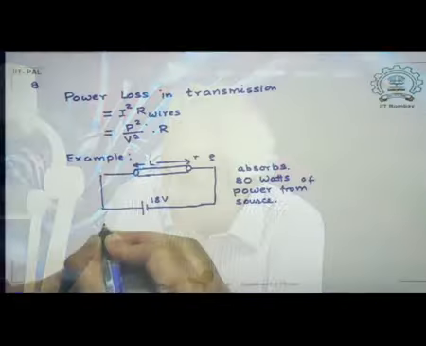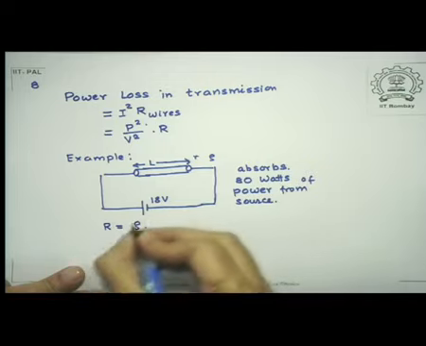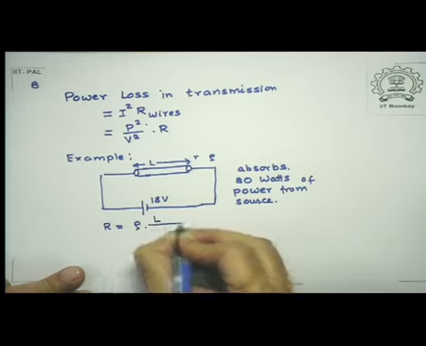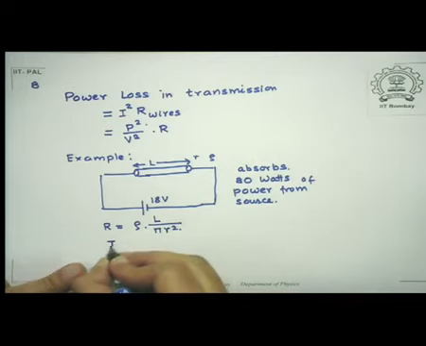This is the question. Let's first write down what the resistance is. So resistance, as you know, is rho times the length L divided by pi r square. The current, as you know, is V by R.